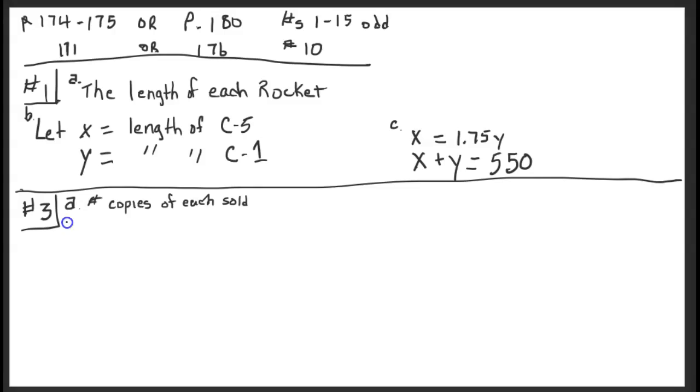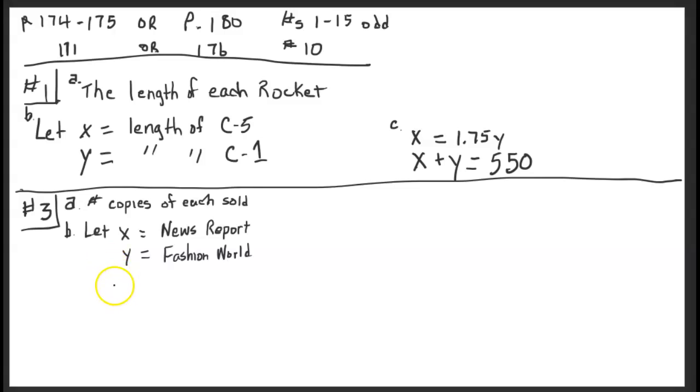All right, so let's figure out what can be what. So let's let X equal News Report, and by that I mean the number of copies of News Report. Let Y equal Fashion World, and by that I mean the number of copies of Fashion World. Now, there's actually something else that I could put down here, right?